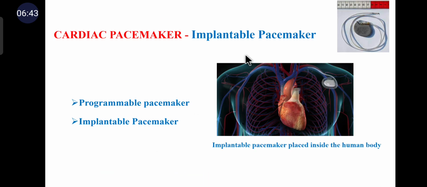So coming to the next part, implantable pacemakers and programmable pacemakers. Let us see the first one, implantable pacemakers. Along with the electrodes, it is designed to be entirely implanted beneath the skin. Its output leads are connected directly to the heart muscle.